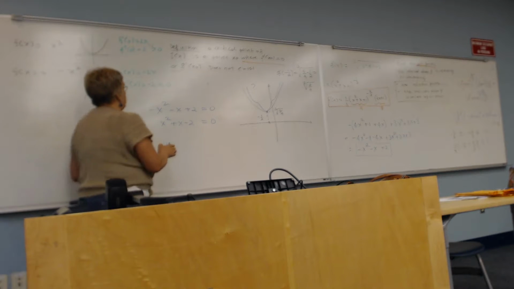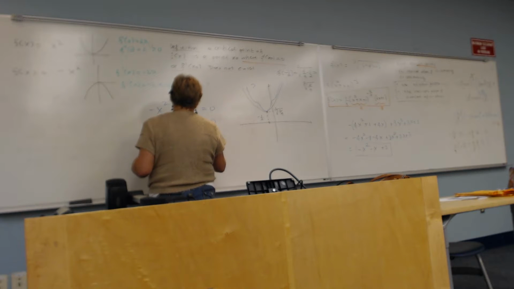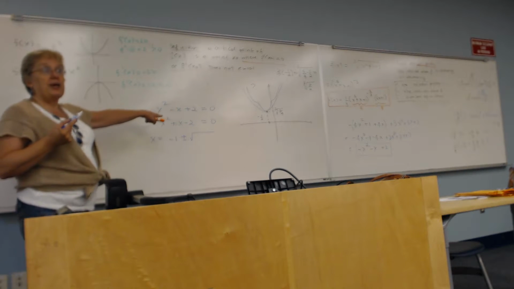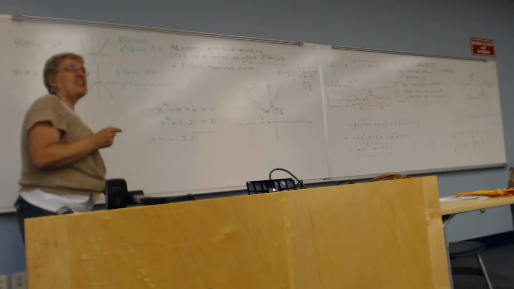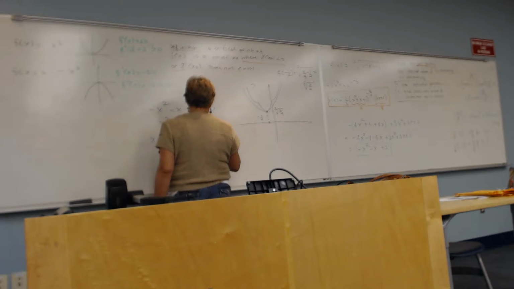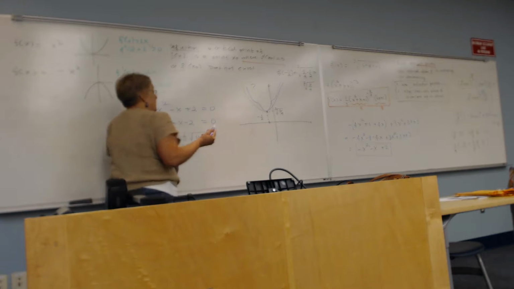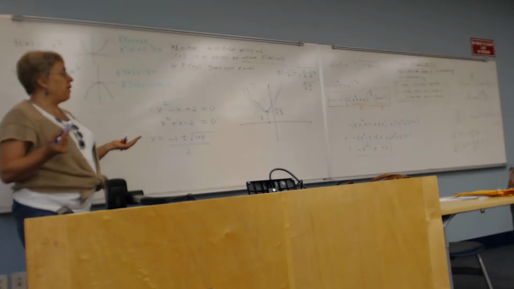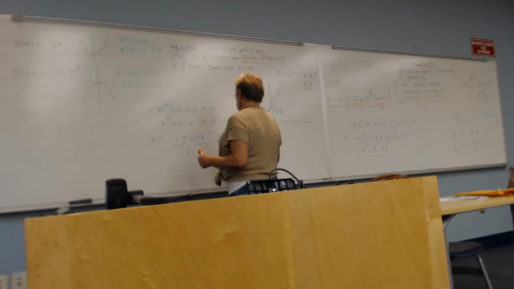So again, the quadratic formula: minus b plus or minus the square root of b squared minus 4ac. 4 times 1 times minus 2, so that would be an 8, divided by 2. Well, actually, that can also be factorized fairly easily, right? x minus 1 times x plus 2. But we do the quadratic formula.